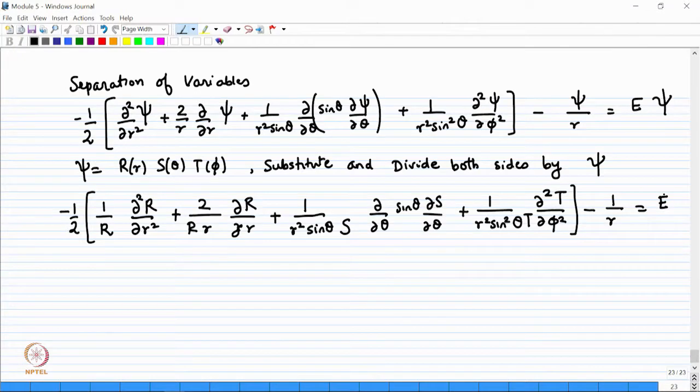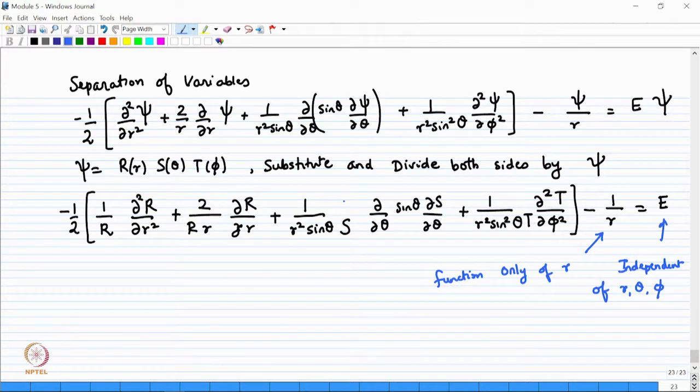So now what we see is that the right hand side is a constant, it is independent of r, theta and phi. This term is purely a function of r, only of r.